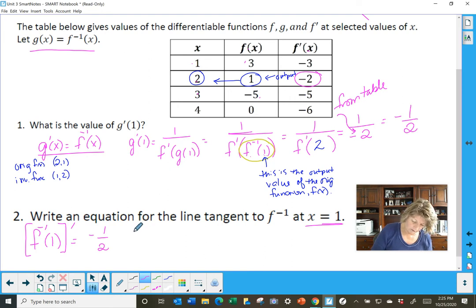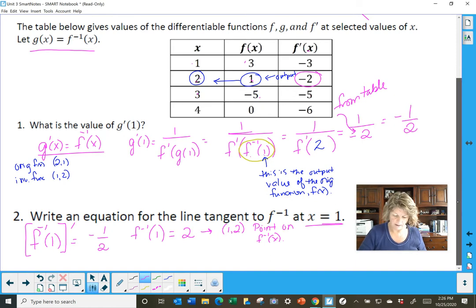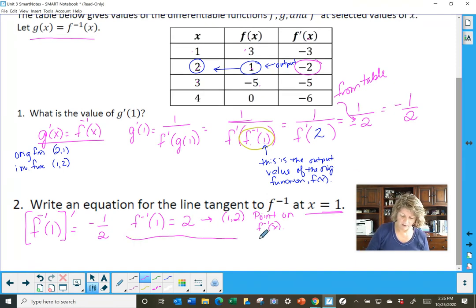Also, f inverse of 1 gave me 2, which means that I had an ordered pair of 1, 2 as the point on the inverse function. You just got to kind of keep track of what perspective you're coming from.